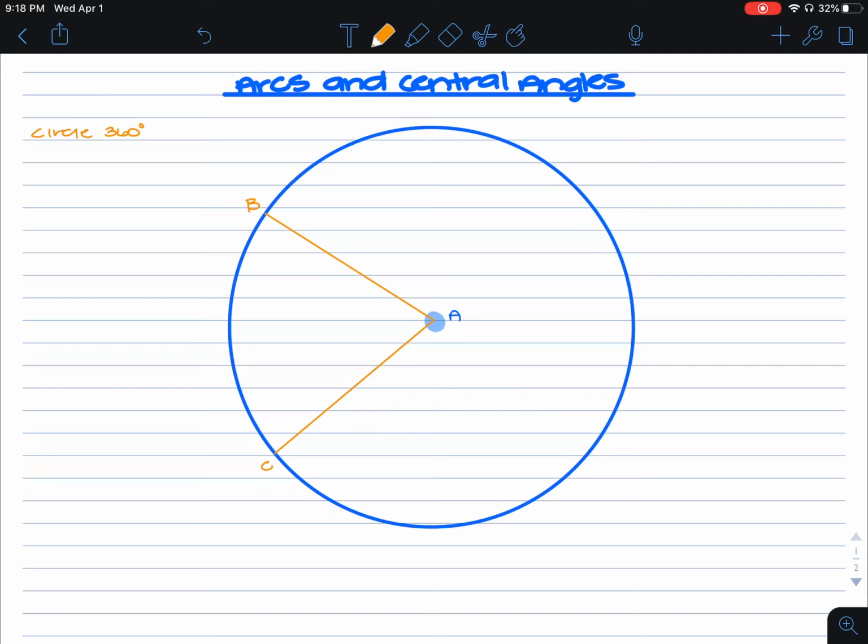Okay, so a central angle is something that comes from the center and opens out. So in this case, if I'm looking at just the orange parts of my circle, this part would be a central angle. Now right now my central angle is inside my minor arc, right?